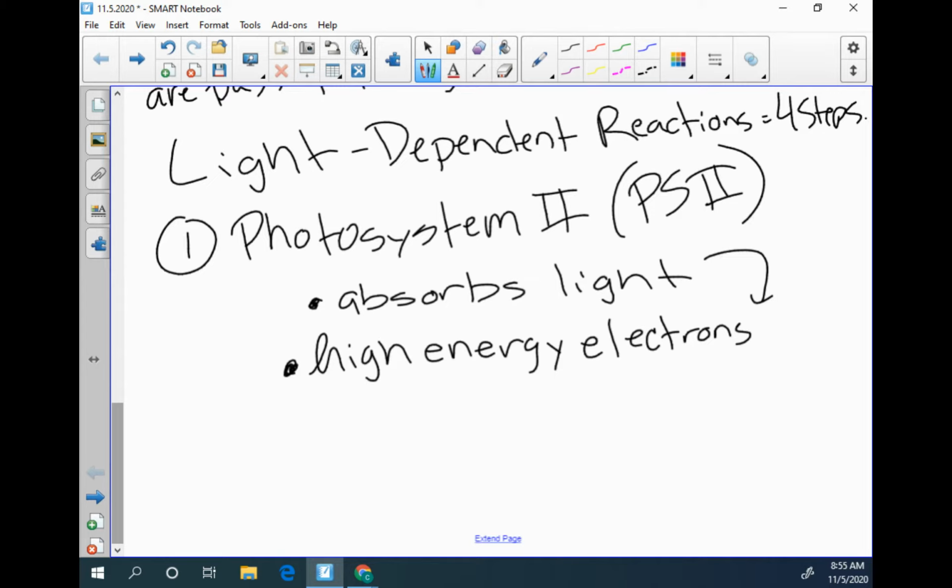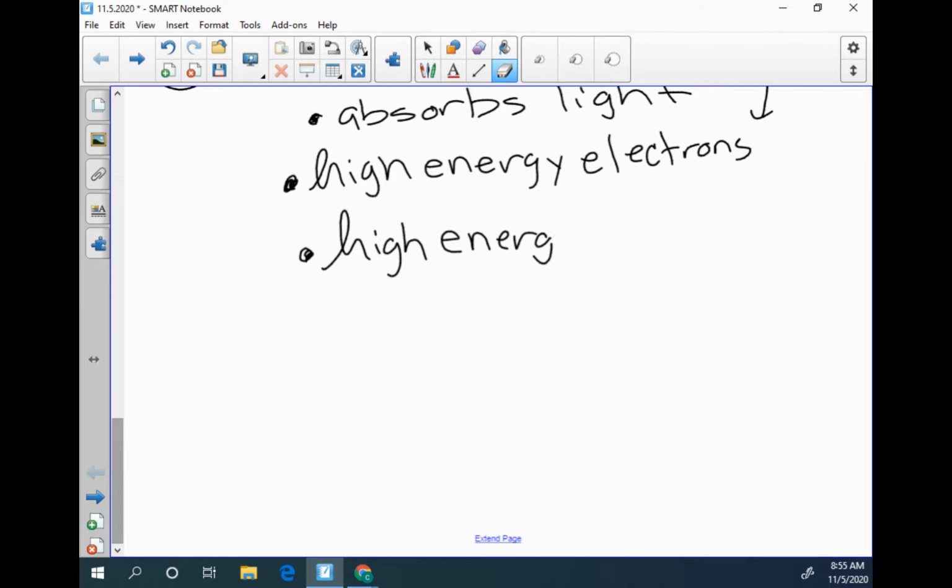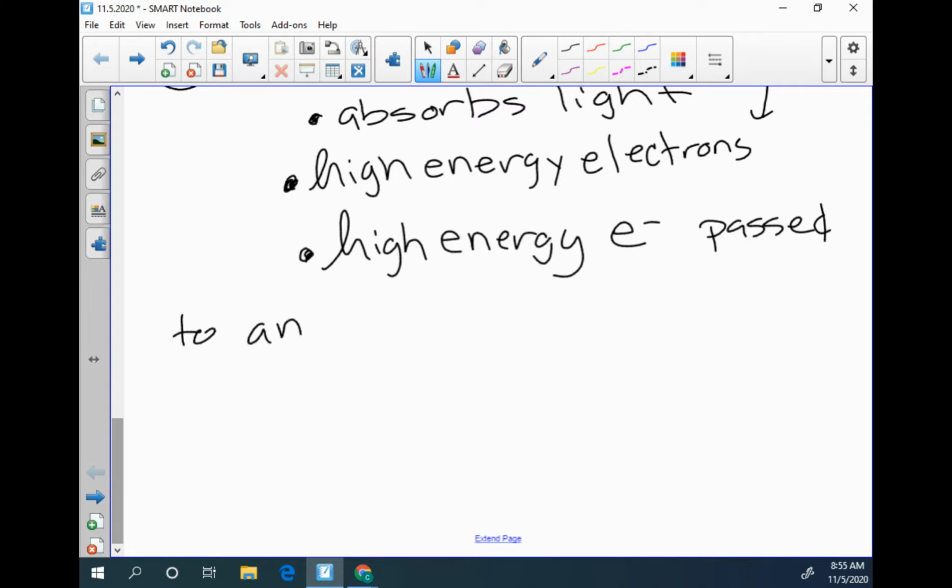So, those high energy electrons, I'm going to abbreviate electrons E minus. Those high energy electrons are passed to an electron transport chain.